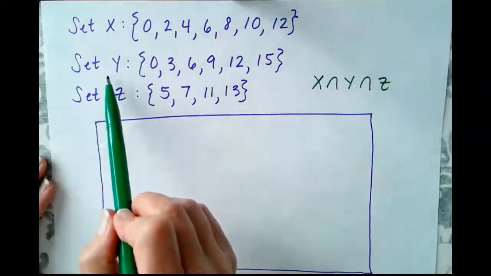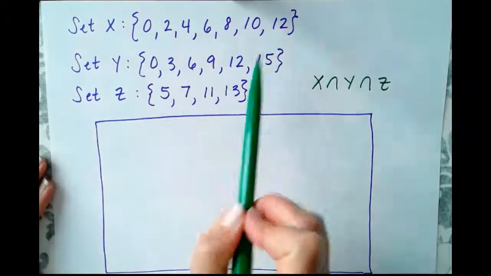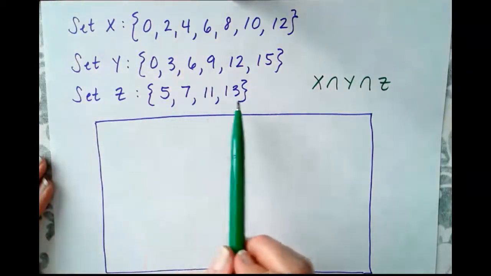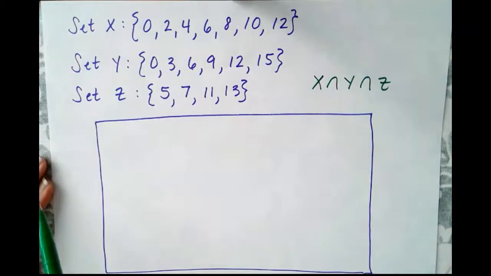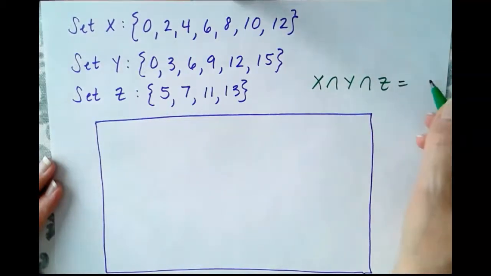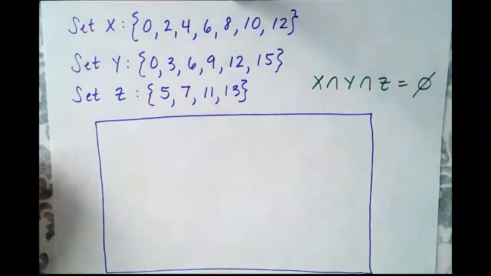So is there an element that's in common in all three? Set X and Y both have a 6 and both have a 12. But does set Z have a 6 or a 12? No. And it appears that the intersection of X, Y, and Z is empty. That set is empty. Why?